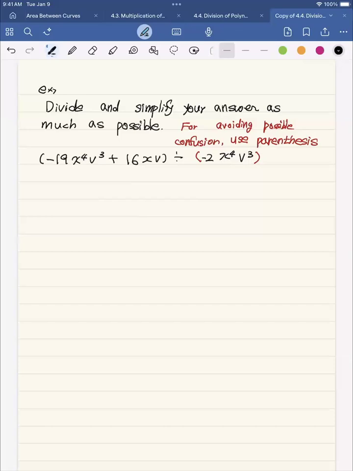Let's do some example. Divide and simplify. We have negative 19 x to the fourth power v cubed plus 16xv divided by negative 2 x to the fourth power v cubed. It's important to use parentheses here so that we are not confused about which one is the denominator.